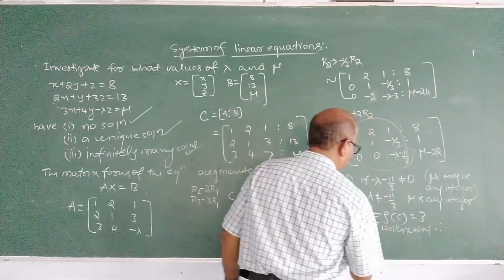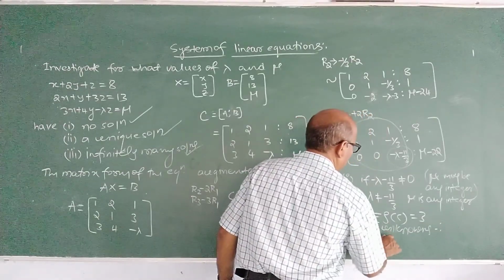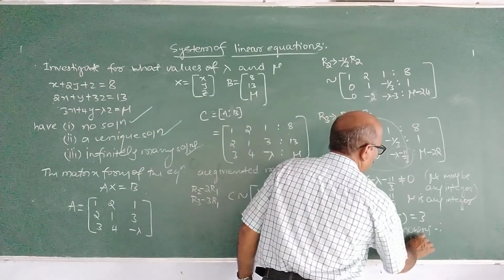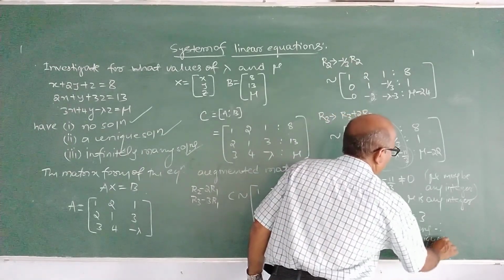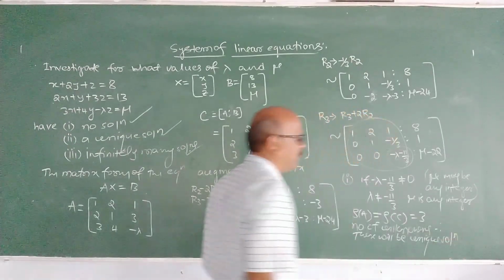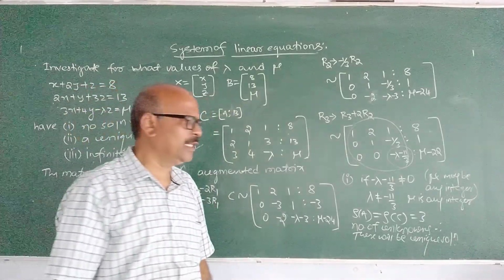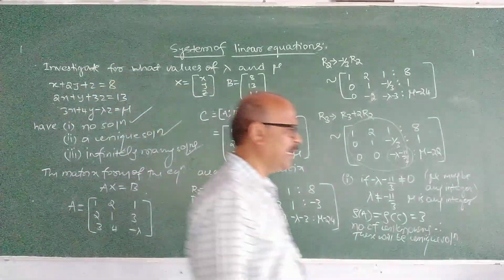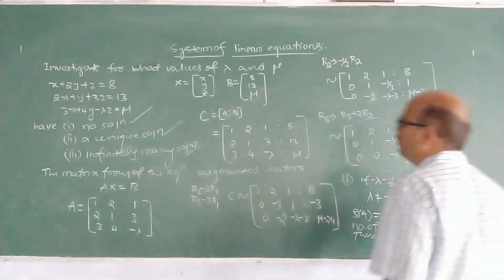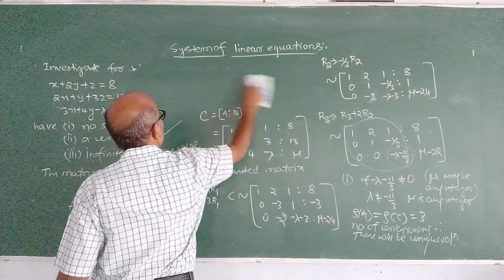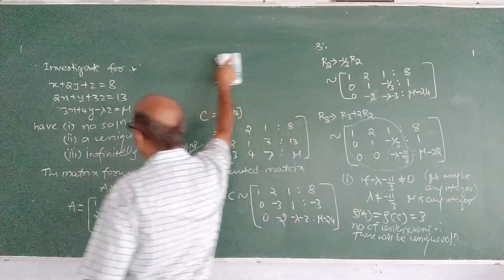Therefore, there will be a unique solution. So when lambda is not equal to minus 11 by 3, mu may be any real number, the system has a unique solution.